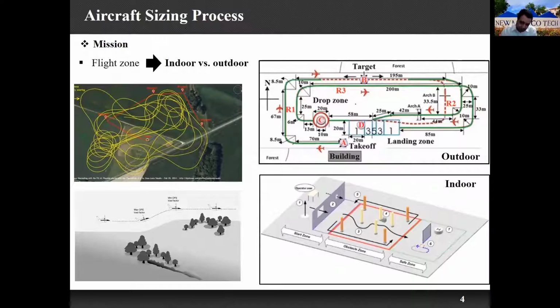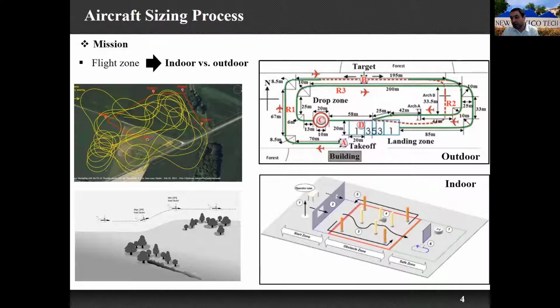These are two examples for which I actually made some drones based on these features for an international competition. In this outdoor mission, the drone was supposed to take off automatically here, go in this direction, and turn here with a radius of 8.5 meters, then go into the forest. There is a truck here with something written at the top of it. The drone should take a picture and run image processing.